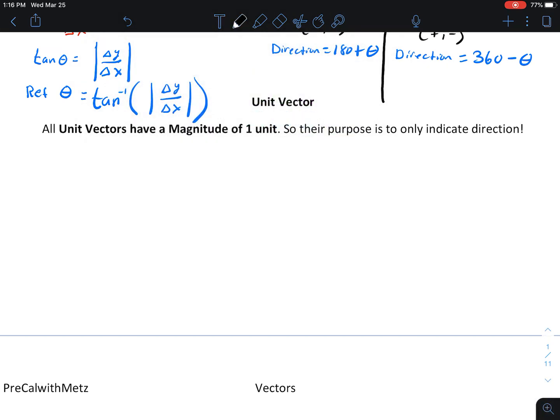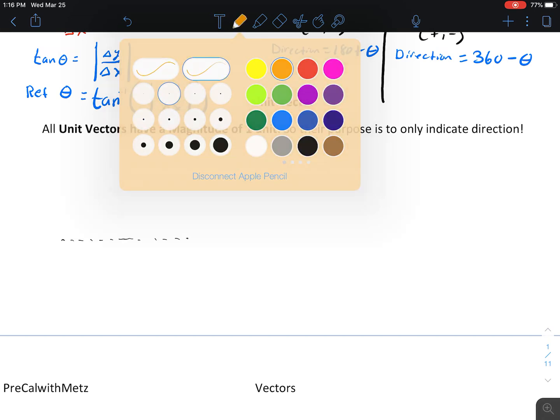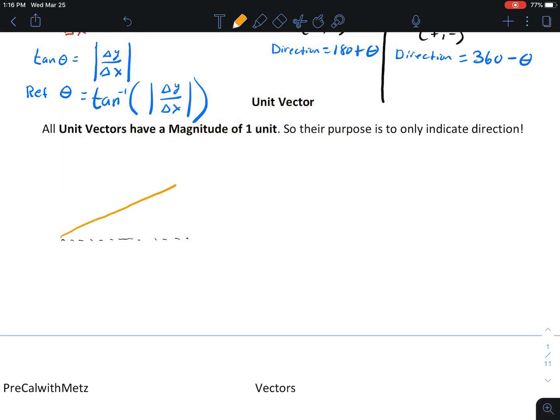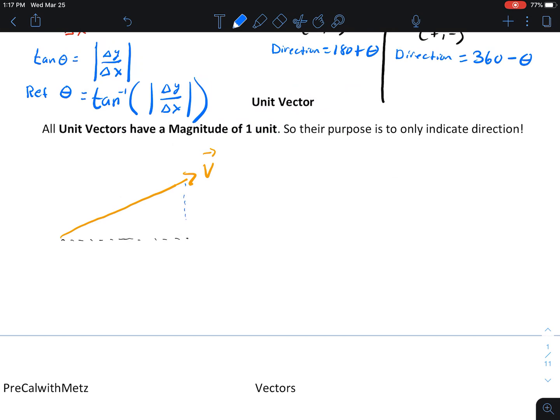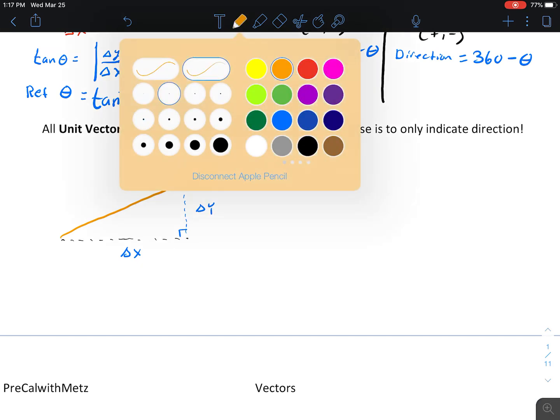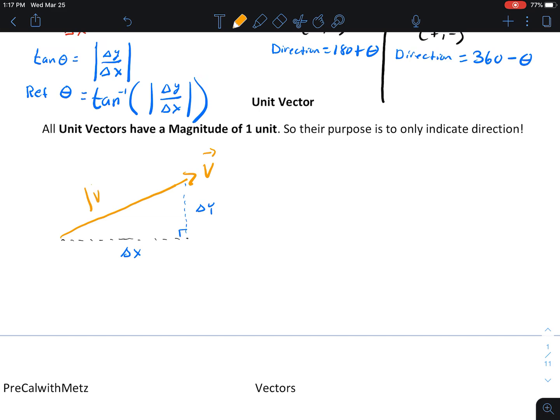The way we would find a unit vector is, let me draw a generic vector. So I've got vector v pointing this way. When it has its components, it has its change in x and its change in y. And we have its magnitude here. This is the magnitude of vector v.